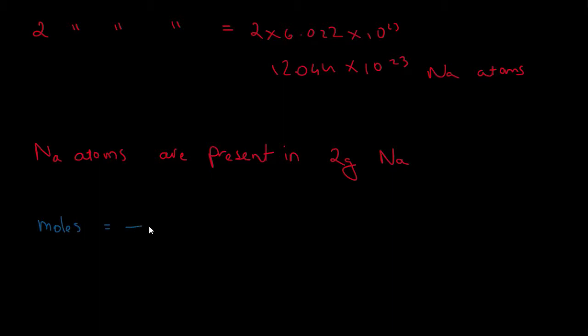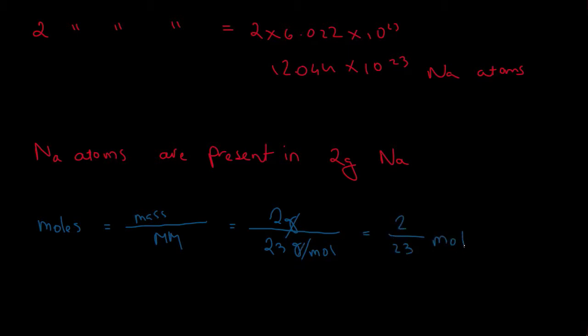So moles of sodium is going to be the mass of sodium divided by the molar mass. I'm just going to write mm for molar mass. You have 2 grams, and the molar mass of sodium from the periodic table is 23 grams per mole. So your grams would cancel out.